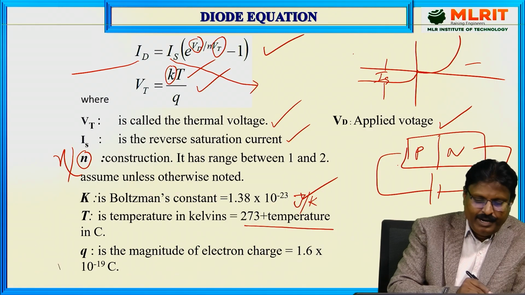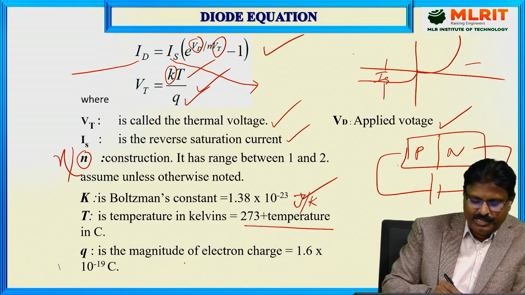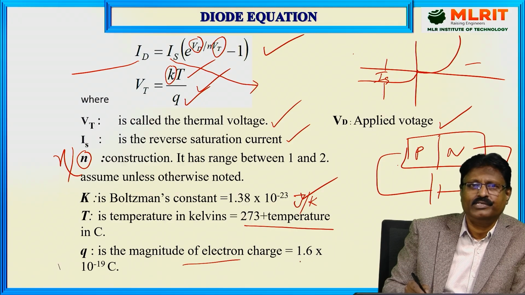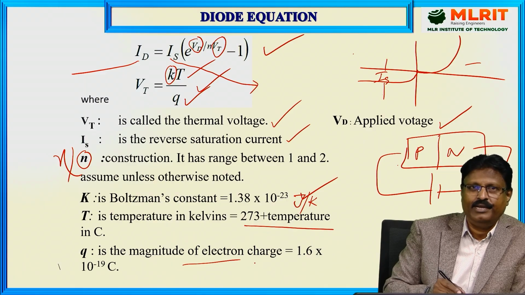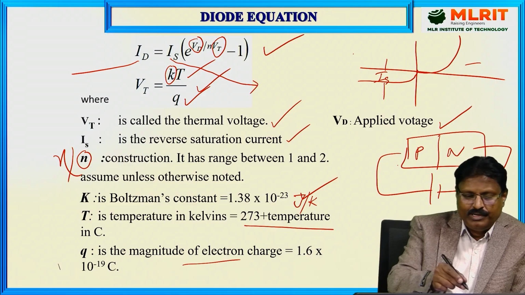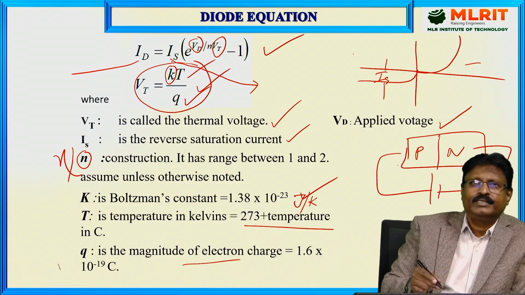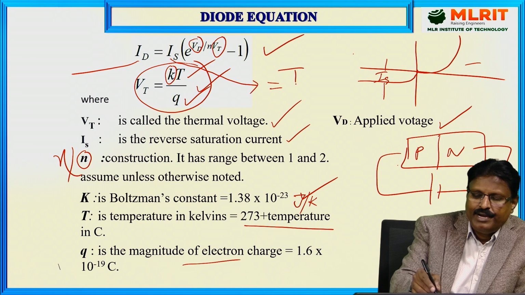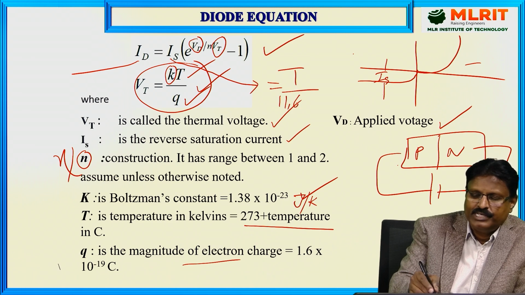And as you can see here, q is the magnitude of electronic charge. As you know, the value is 1.6 times 10 to the power of minus 19 coulombs. Next, Vt is equal to kT by q, which can also be written as capital T by 11,600.